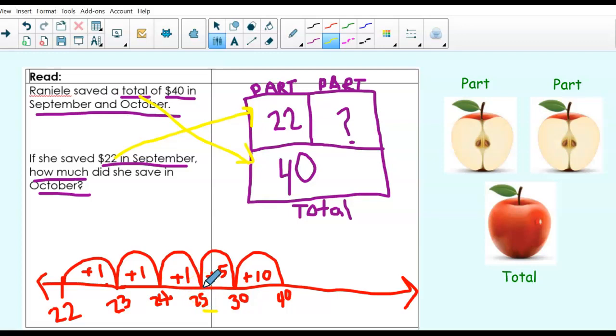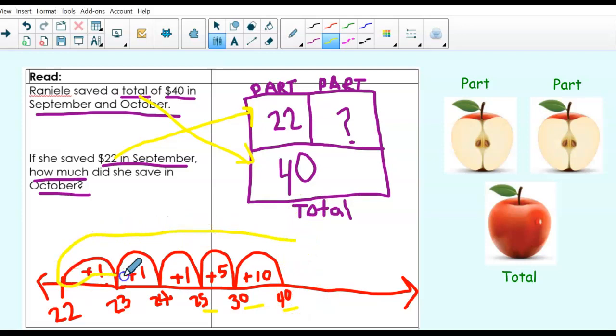Okay, 25 plus 5 is 30. Now we have a 0 in the ones place, and now we can jump a tens if it doesn't go over our total. Remember, we don't want to go above our total amount. So 30 plus 10 more is 40. We made it to the total.